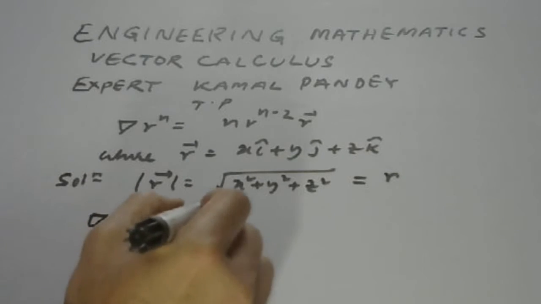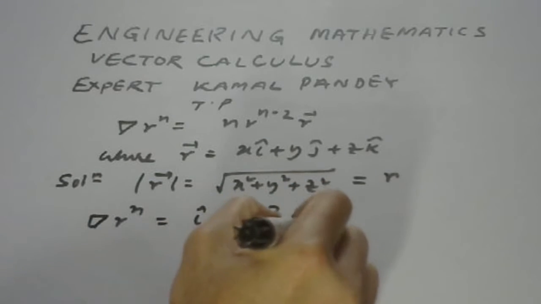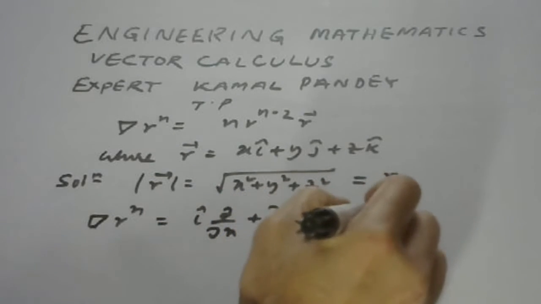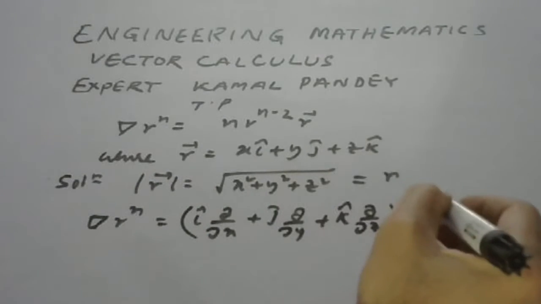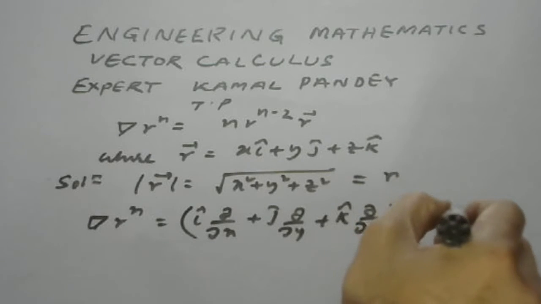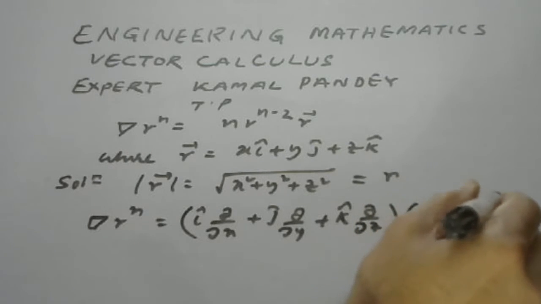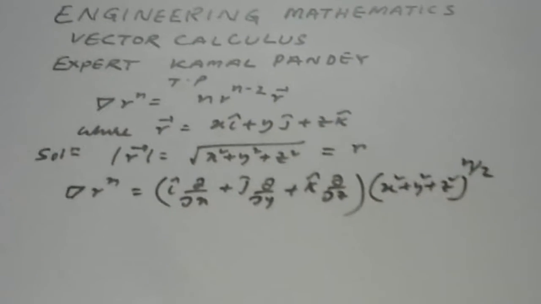That means i cap del upon del x plus j cap del upon del y plus k cap del upon del z into x square plus y square plus z square to the power n by 2.